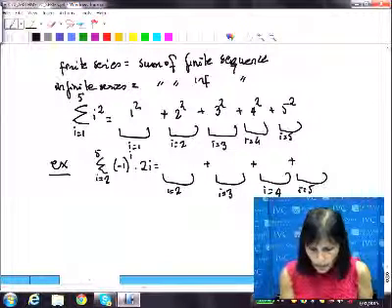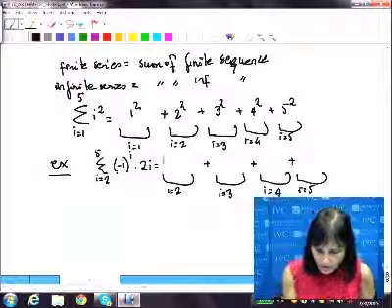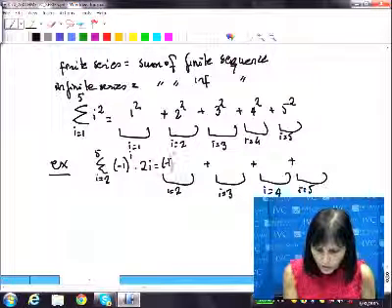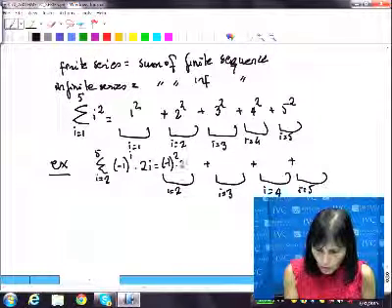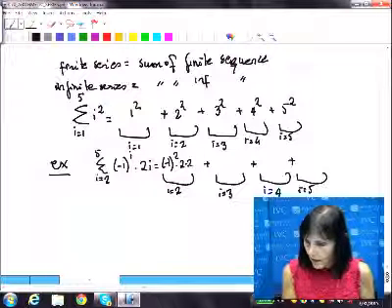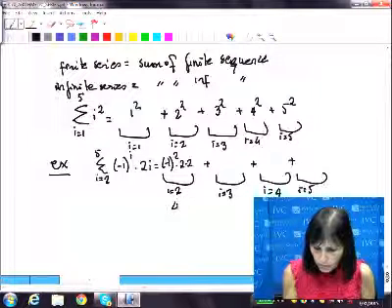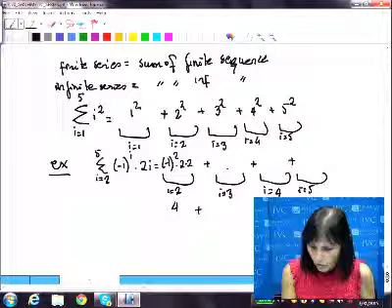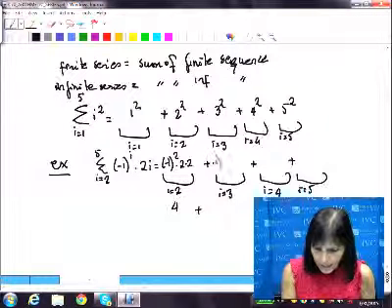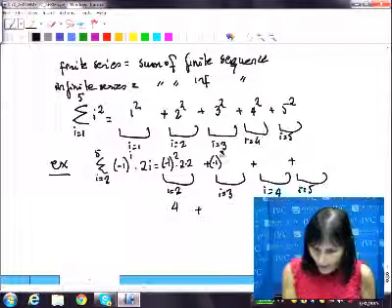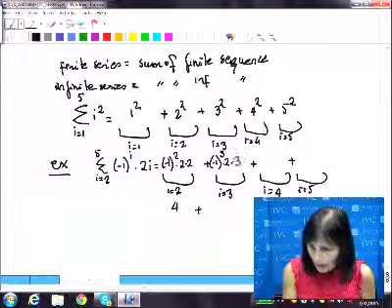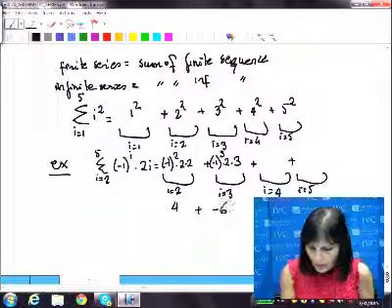When you put this in there, you're going to get -1 to the second power, which is 1, and now you're going to go 2 times 2. The next one, this is going to give you 4. The next one is going to be -1 to the third power, and it's going to be 2 times 3. That's going to give you -6.